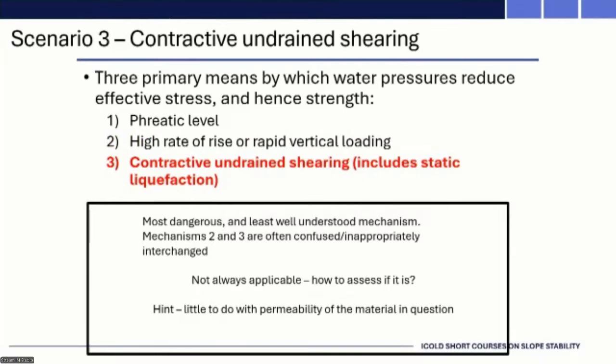But it's really the third mechanism that Vic identified, and probably didn't explore in great detail because he wasn't thinking only of very loose, cohesionless materials. That's this contractive undrained response. Louis has dealt with undrained in some detail, which in itself causes an increase in excess pore pressures.